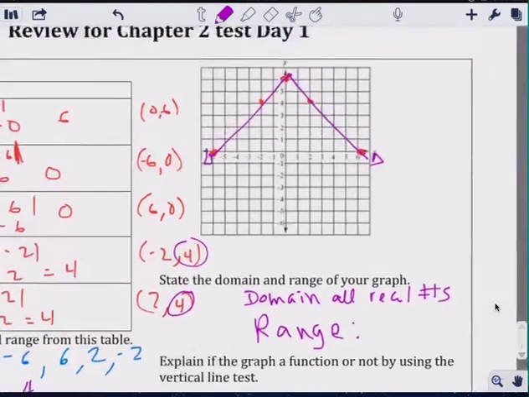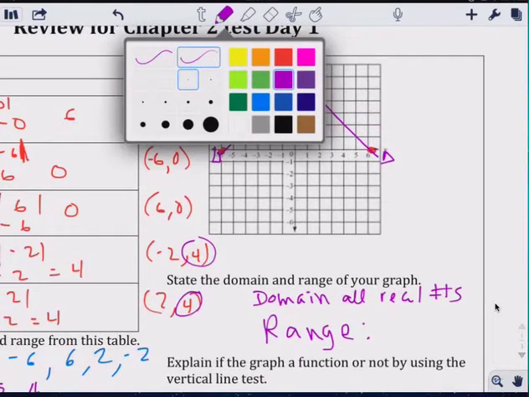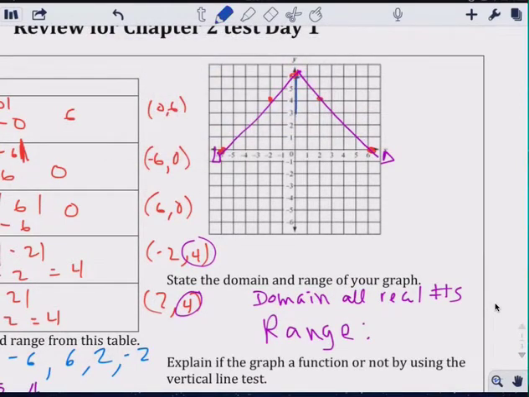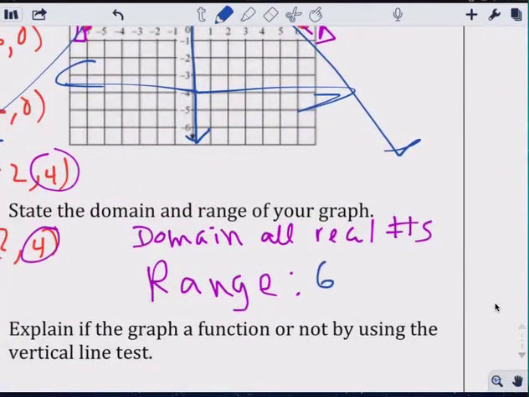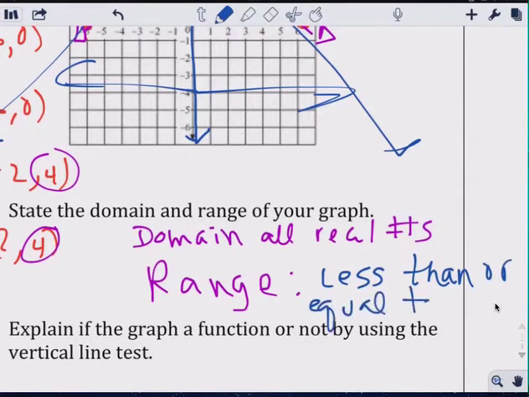Any number at 6 and lower, because this keeps going on, and both sides will have y in it. So range is 6 or lower. To say 6 or lower is y less than or equal to 6.